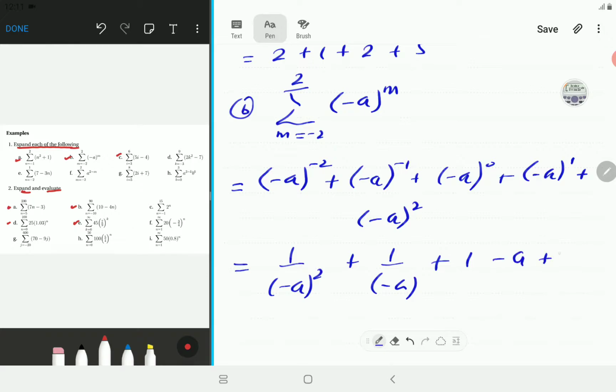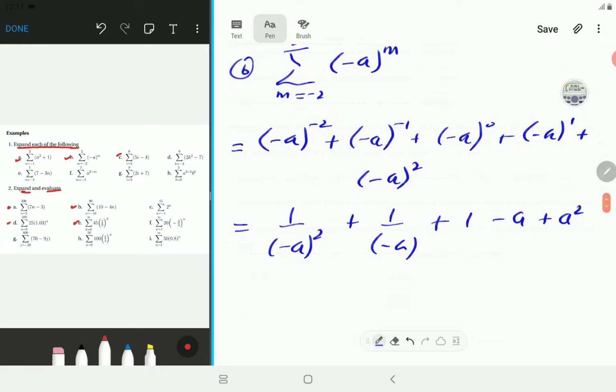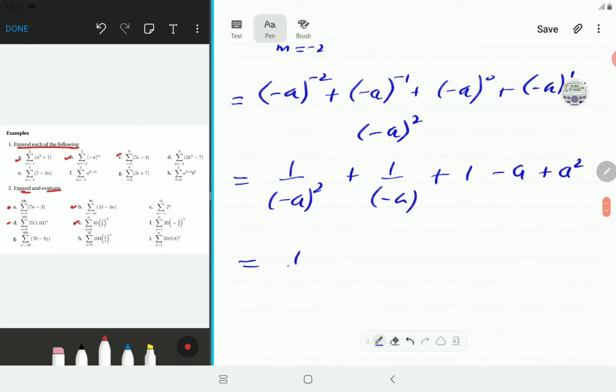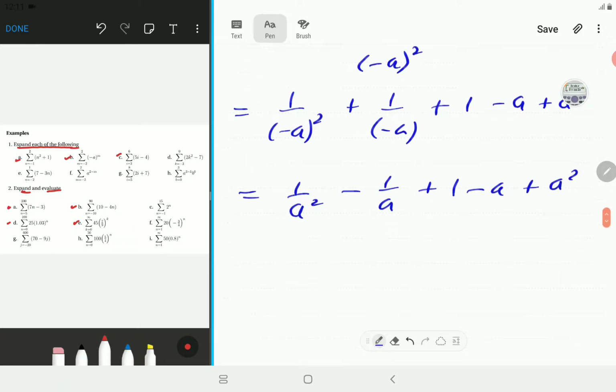Then (-a) squared is a squared. So then finally there's going to be 1 over a squared minus 1 over a plus 1 minus a plus a squared. So that's going to be the expanded version of that summation.